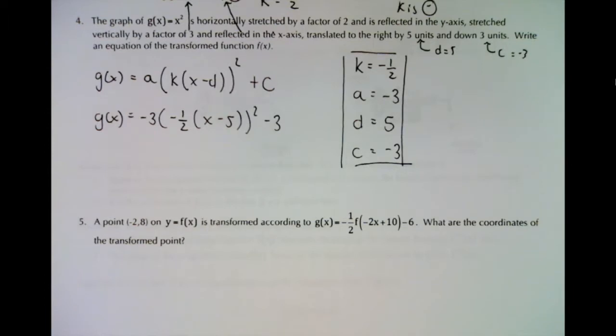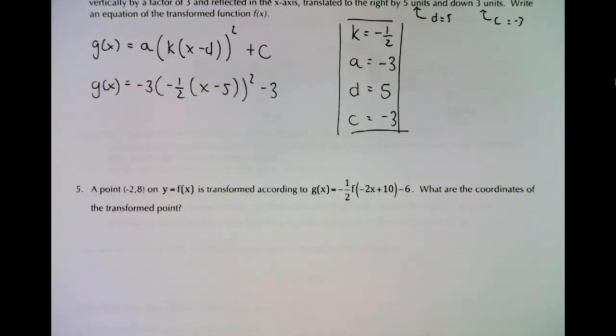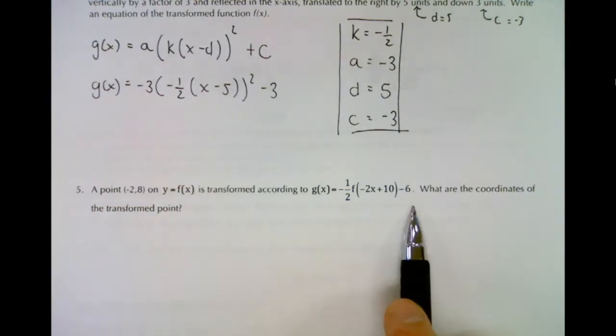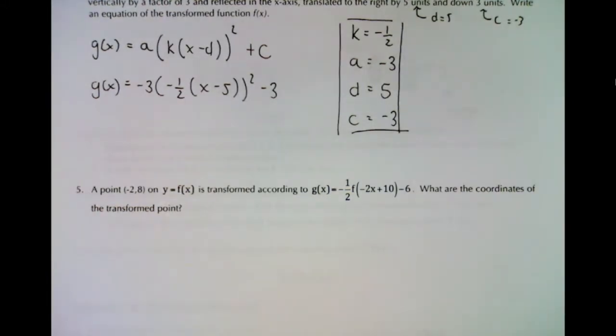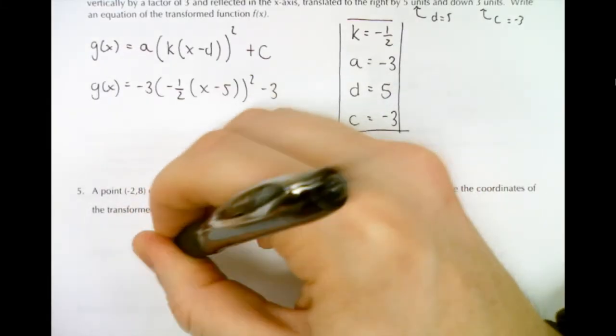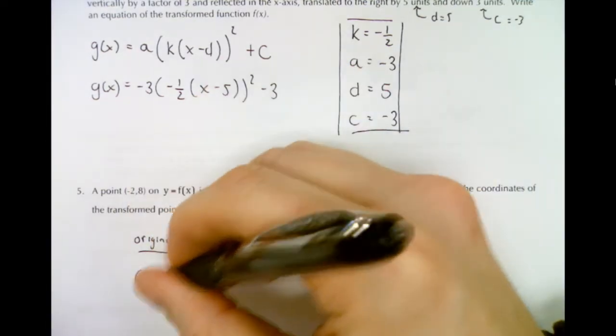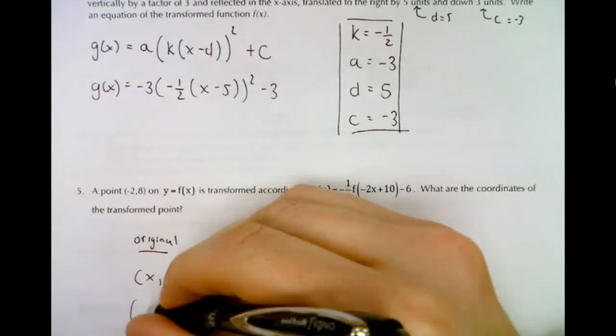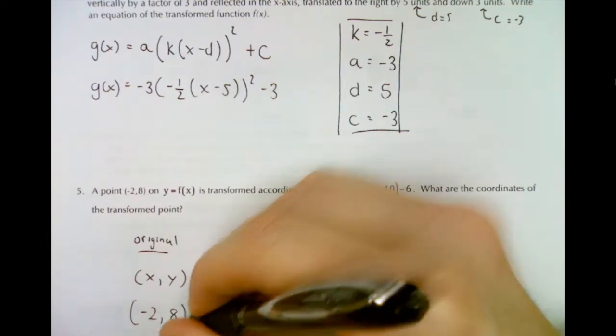Last example. A point, negative 2, 8, on a function is transformed according to these rules. What are the coordinates of the transformed point? This is very similar to the example we did on the previous page, example 2. But instead of transforming a whole function, we're just doing one point. So original: there's an x and a y, and it's negative 2, 8.